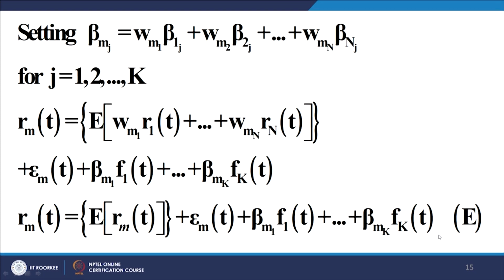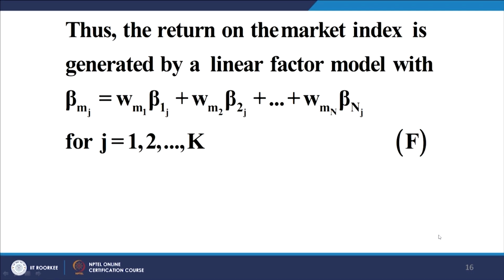So, beta 1j identifies security 1 and the risk factor j. We make this substitution, or abbreviation, into equation number D from the previous slide, and what we get is equation number E. Now, if we observe equation number E carefully, we find that the market returns are also generated by a linear factor model with the betas given in equation number F.